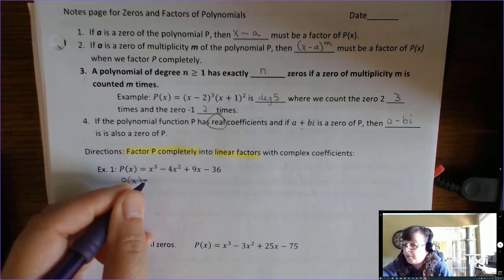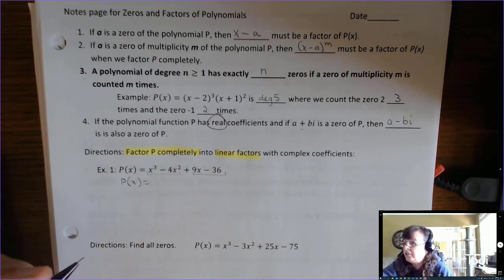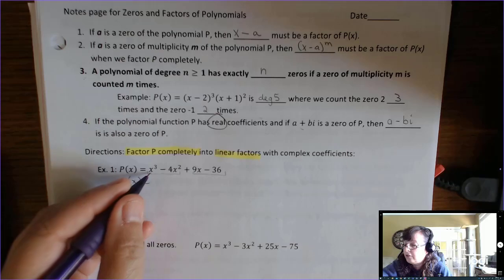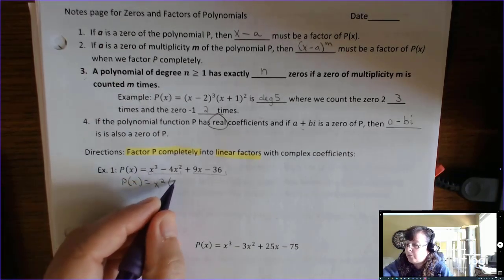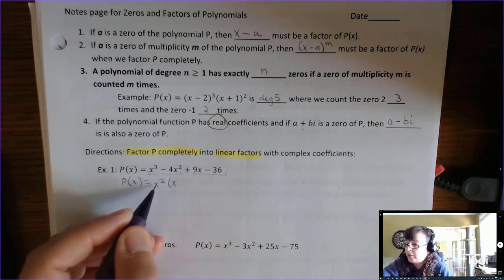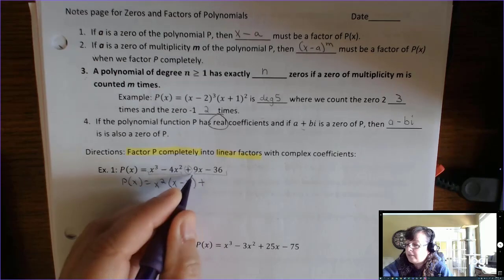Remember, grouping means to mentally group these first 2 and the last 2 and pull out the GCF. It's 2 steps. So the GCF of these 2 is x squared. X cubed divided by x squared leaves you with x. Minus 4x squared divided by x squared leaves you with minus 4. That plus comes down.